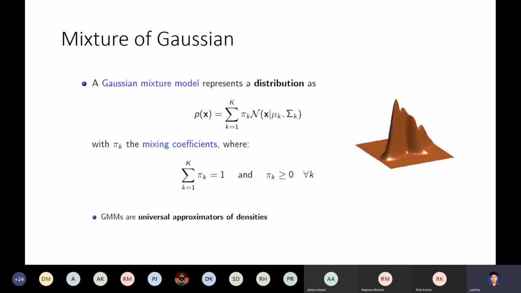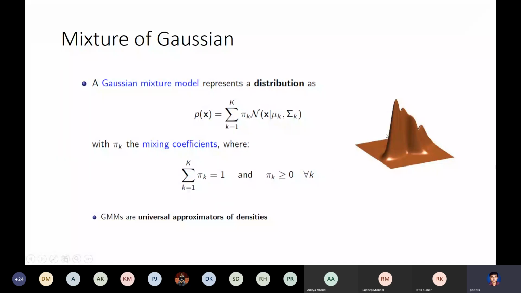And for your data distribution X, given a point X, you first find the probability given by mu1 sigma 1. Let's say I call it N1, the first Gaussian, weighted by pi 1. Pi 1 is the mixing coefficient for the first Gaussian, or you can think of it as the weight of the first Gaussian. Then pi 2 N2, the second Gaussian, and pi 3 N3.